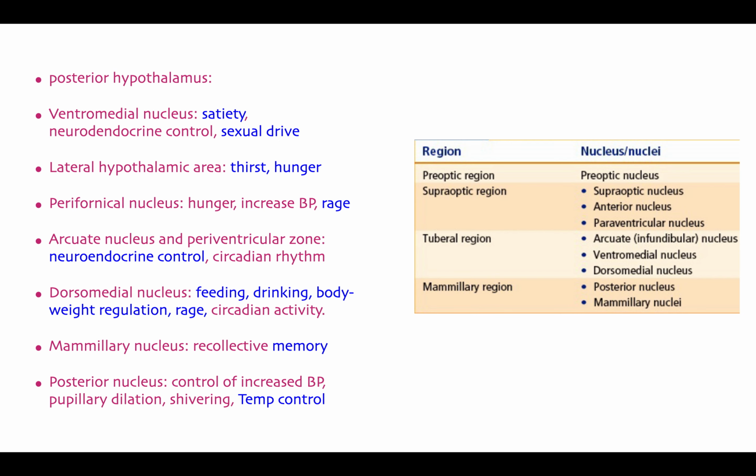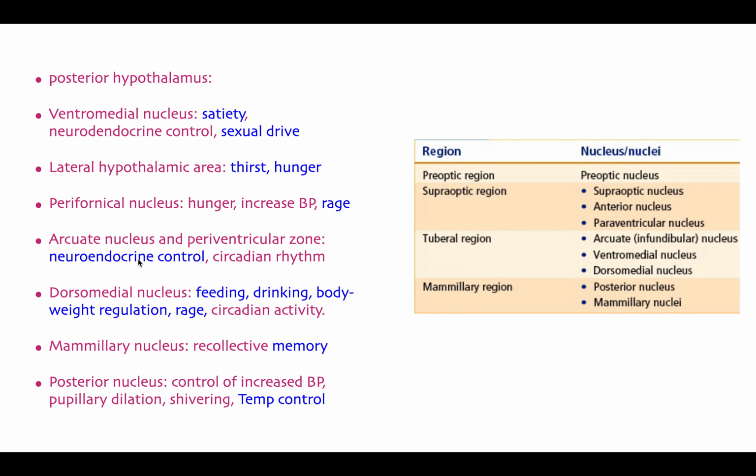The posterior hypothalamus is made out of the ventromedial nucleus, and that's going to be responsible for satiation and sexual drive, along with neuroendocrine control. The lateral hypothalamic area is responsible for hunger and thirst. The piriform nucleus is going to be responsible for increasing the blood pressure and rage responses.